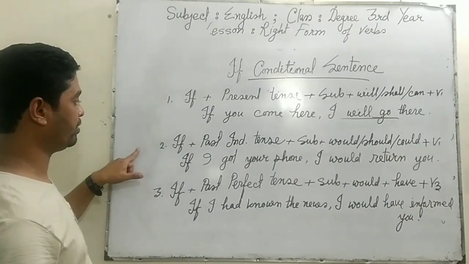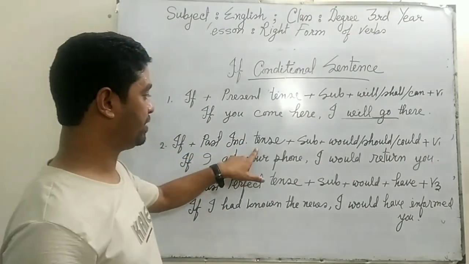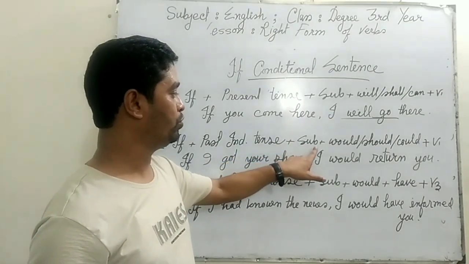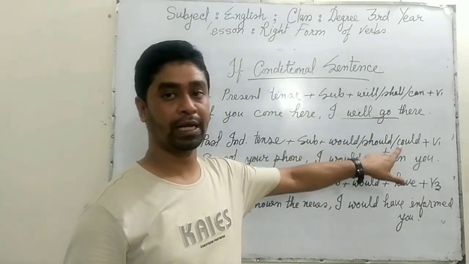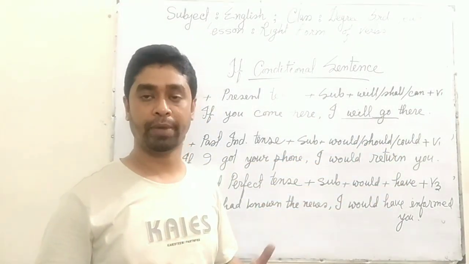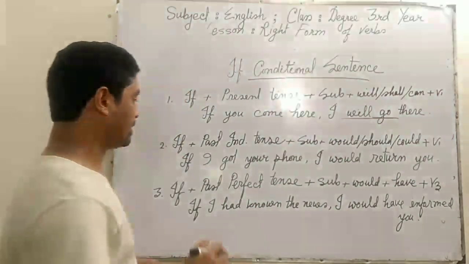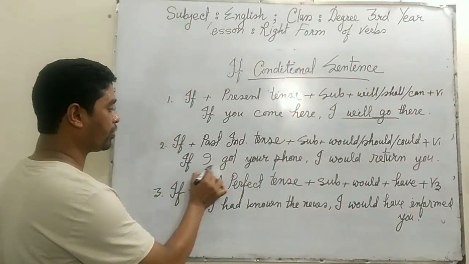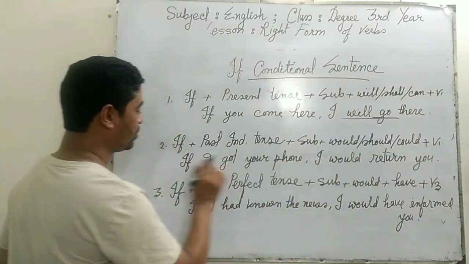In the second conditional sentence, if plus past indefinite tense, then we have to use subject plus would, should, could, might, and after that V1. For example, if I got your phone, I would return you.